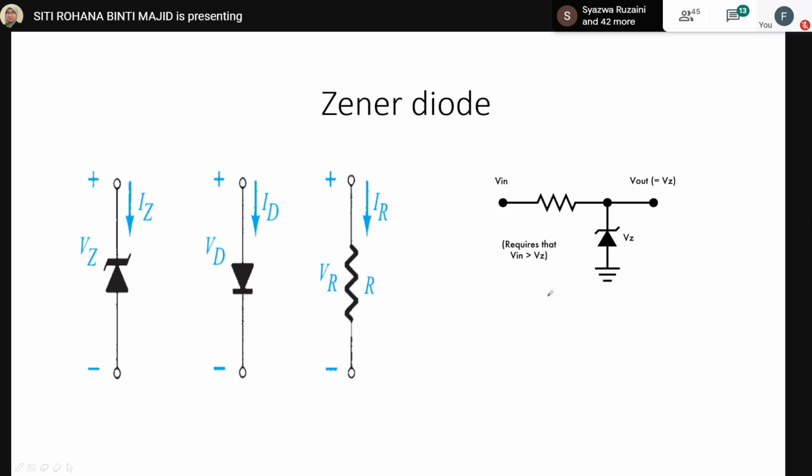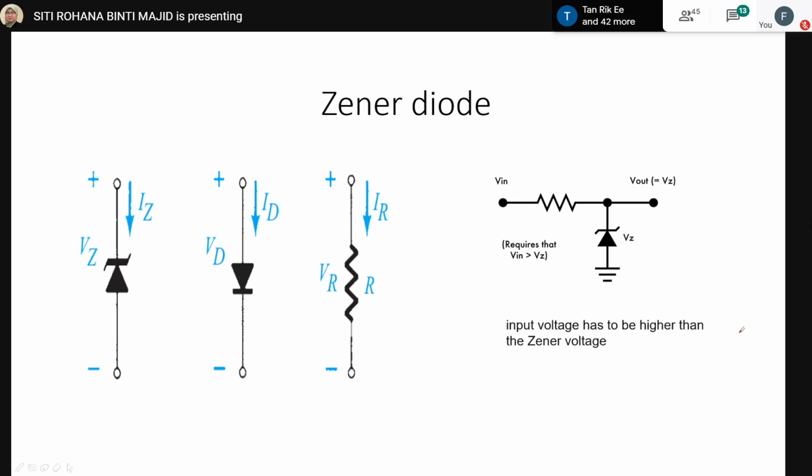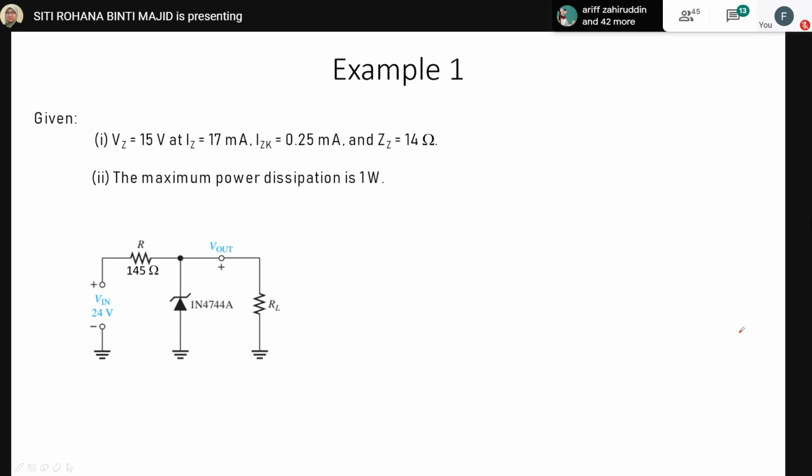The first one is that the input voltage should be higher than the Zener voltage. The second is that the resistor value must be chosen such that there is always current flowing through the Zener.